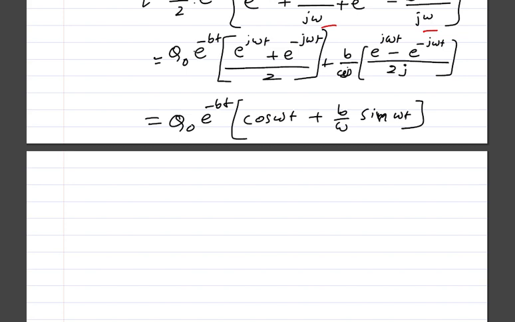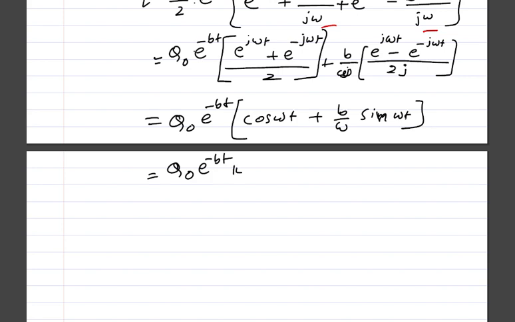Okay, to get the similarity inside, I just multiply and divide by k by omega. So q naught e to the power minus bt, let us see what happens.